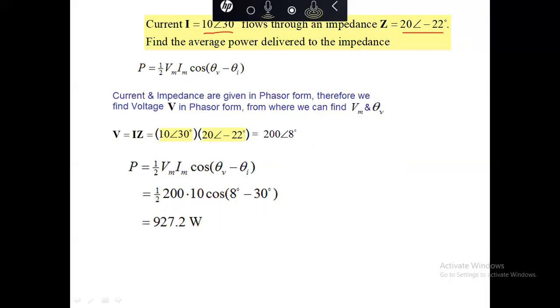The voltage across this impedance is IZ. So that is multiplied and we will get the value of 200 at the angle of 80 degrees. Now we have this value of current and this much voltage. So we apply and simplify it to get the value of 927.2 watt.